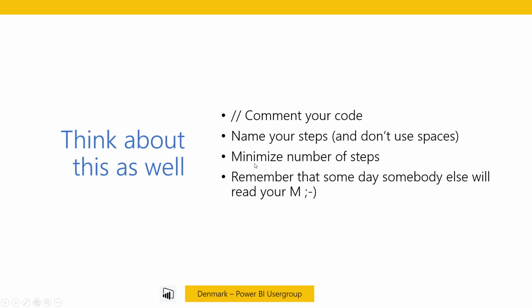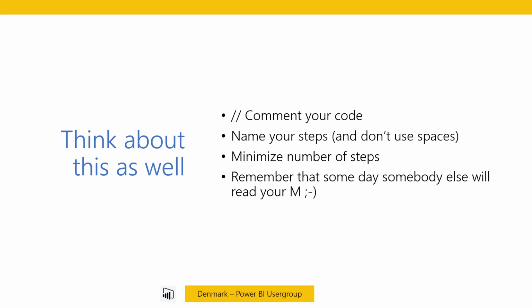And then you should also think about minimizing the steps. Some of the functions that we call using the ribbon sometimes require two steps, for example to insert a custom column. First we insert the custom column, and then we rename it afterwards.